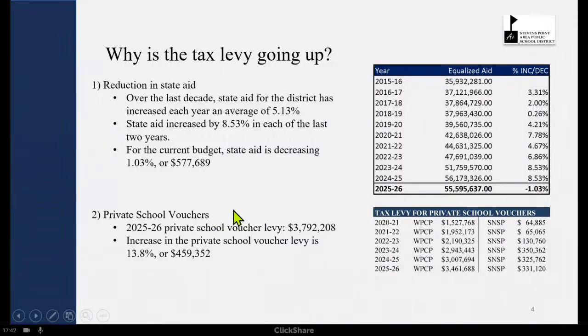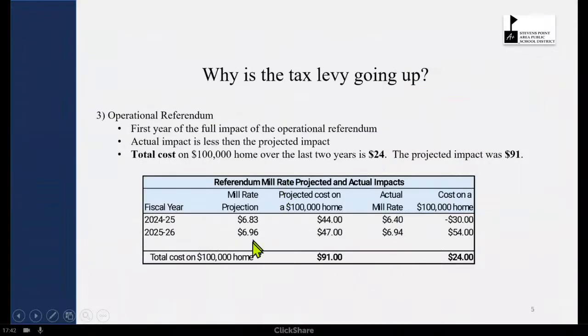So obviously the state aid reduction and the private school vouchers is impacting our levy. The third reason why the tax levy is going up is the operational referendum. This is the first year of the full impact of the operational referendum. Even with state aid going down though, the actual impact is less than the projected impact.